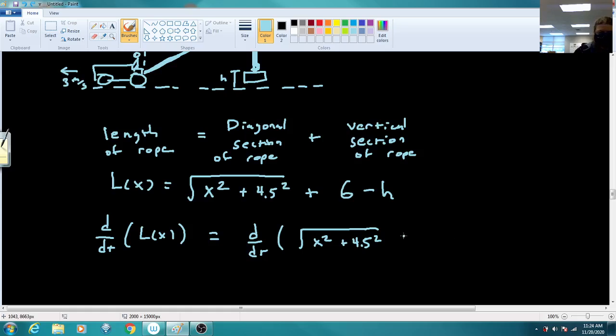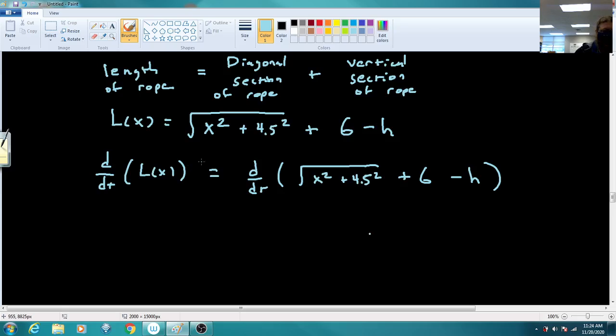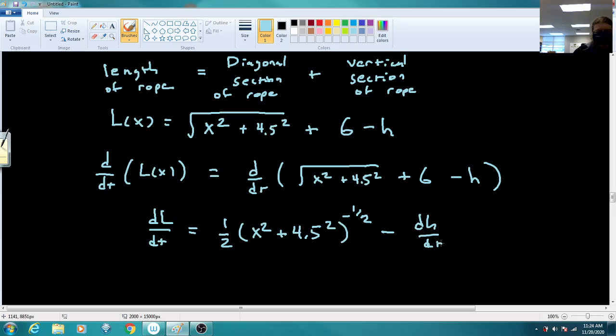So I'll get dL dt, the rate that the length of rope changes, equals 1/2, leave the inner part alone, to the negative 1/2. d/dt of 6 is a constant, so it goes away, and we get minus dh dt.